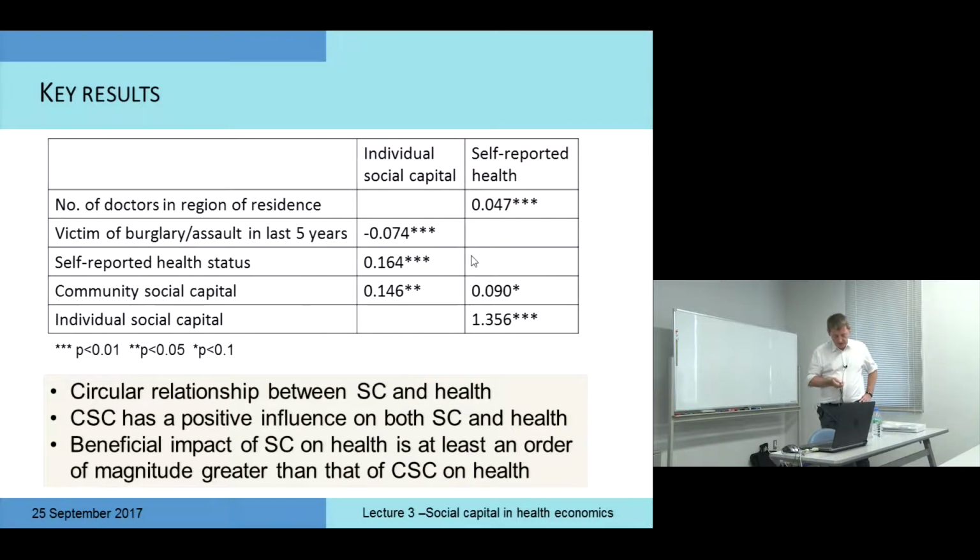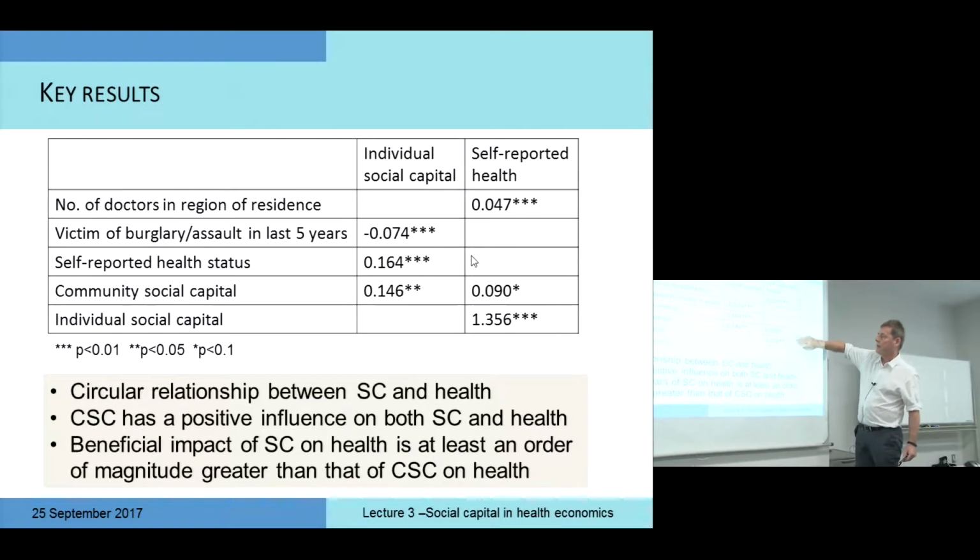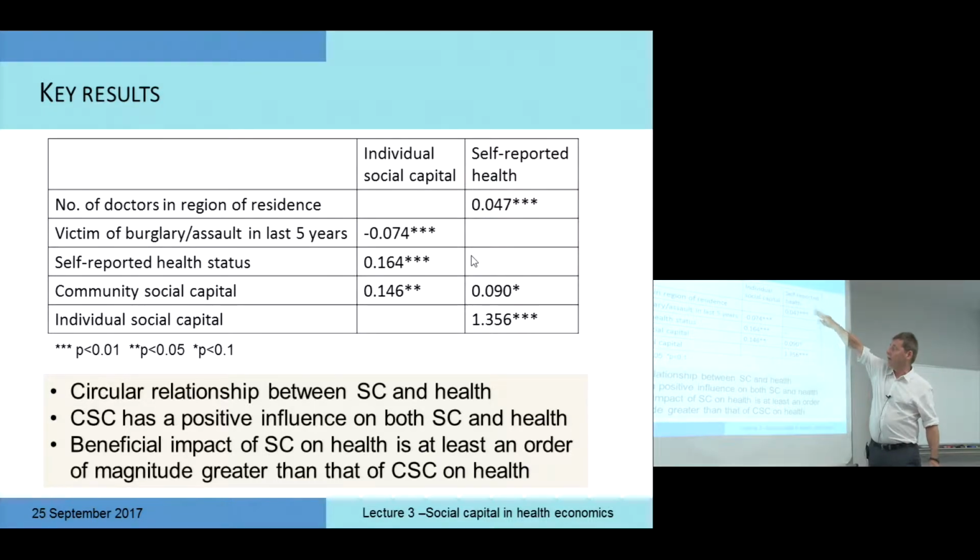And the final point I'd make here is that the beneficial impact of individual social capital on health is at least an order of magnitude greater than that of community social capital on health. So if we're looking at social capital's influence on health, and looking at the size of these coefficients, the individual social capital is at least 10 times, but more probably, a stronger effect than the community social capital.